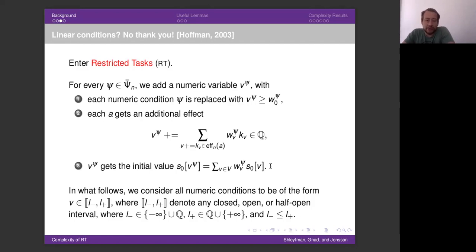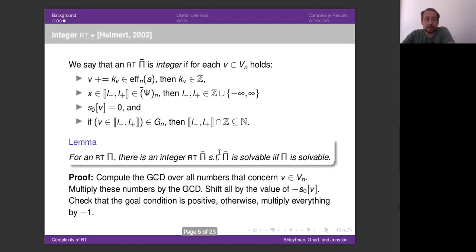Usually we assume that if there is no condition on the numeric variable, the condition is that it belongs to the whole interval from minus infinity to infinity. And our goal in the future is to bound those intervals, to make them all finite. If those intervals are finite, basically our task is decidable on plan existence.